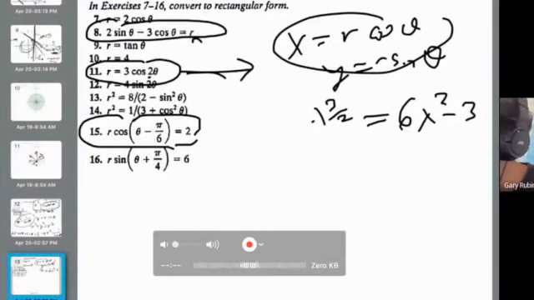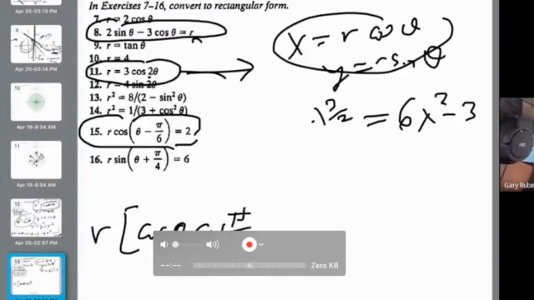Yes, and Riley says subtraction formula, and that's right. So we're going to say r, I'm going to write brackets, cosine theta. The formula for cosine A minus B is cosine A cosine B plus sine A sine B.